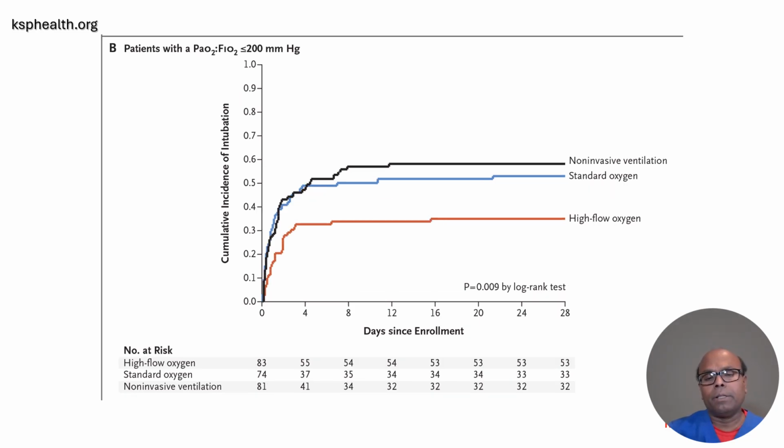But when you look at the subgroup of patients with PF ratio less than 200, meaning acute hypoxemic respiratory failure, the incidence of intubation was significantly lower in patients using high flow oxygen when compared to non-invasive ventilation and standard oxygen. So definitely high flow oxygen is useful in patients with acute hypoxemic respiratory failure.